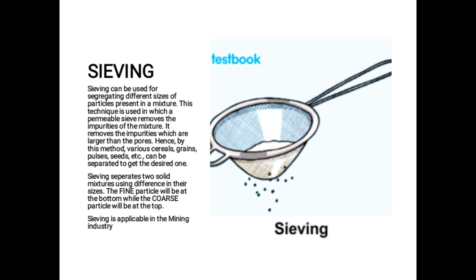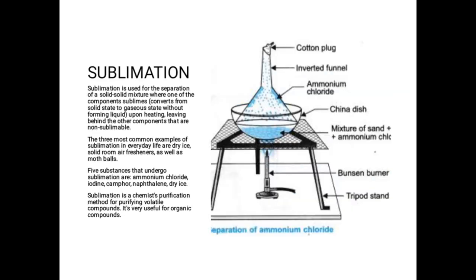So when you use a sieve, the coarse particles, which are a bit bigger, remain on the sieve, while the fine particles, which are smaller, go down to the container that is collecting them. Sieving is usually applicable in the mining industry as well.